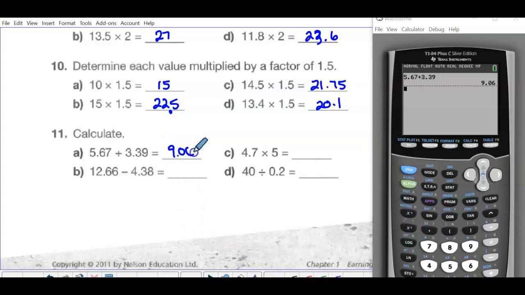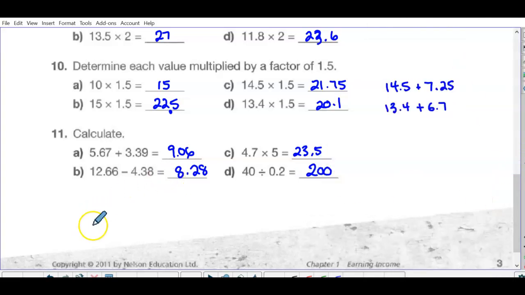So 9.06, 12.66 minus 4.38, 4.7 times 5, and then 40 divided by a decimal is going to end up being bigger, right? So 200. Okay, so that's the end of getting started.